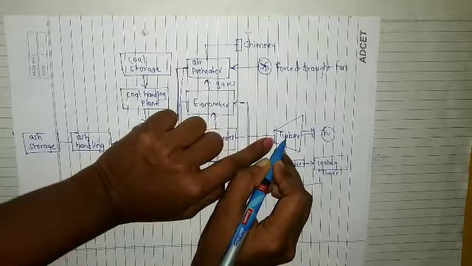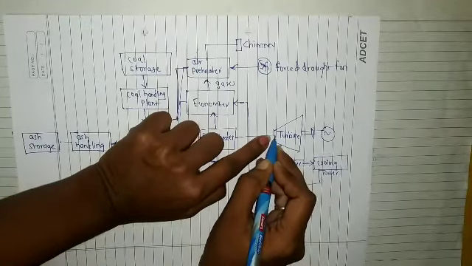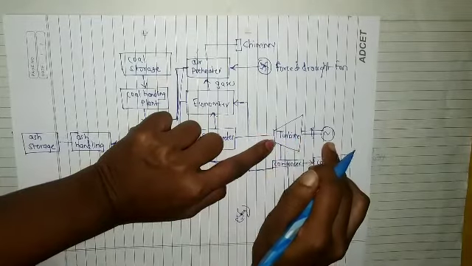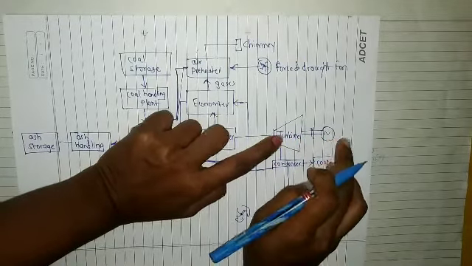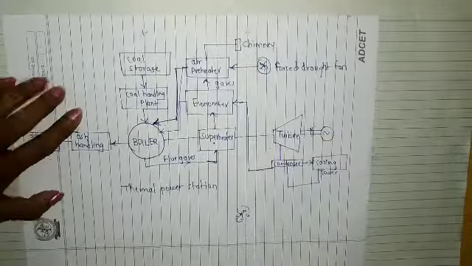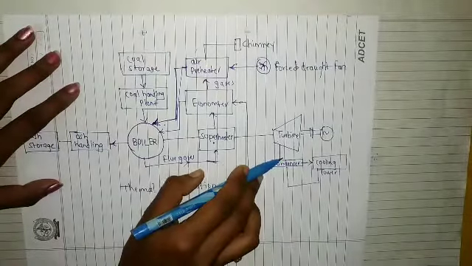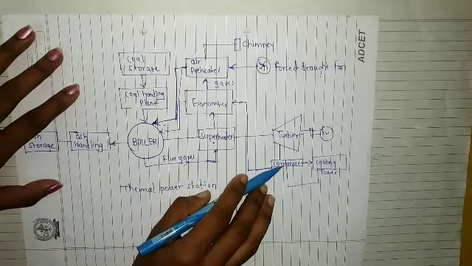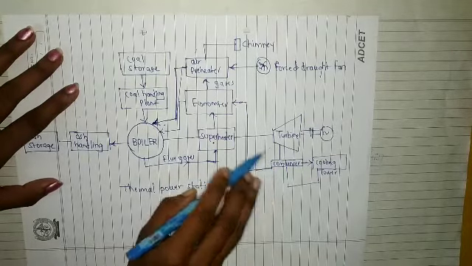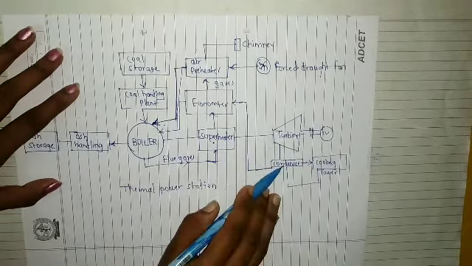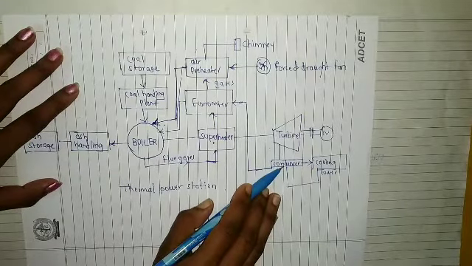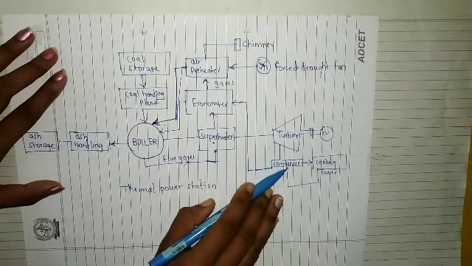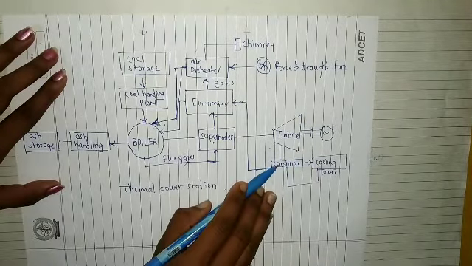And you know the function here. Due to this steam, the turbine will rotate, the shaft of the turbine will rotate, and due to this, electricity is produced, right? Now from this turbine, the steam will go to the condenser, and the steam will get converted back into water in this condenser, right? So here the cooling process happens, or the conversion of steam to water happens.